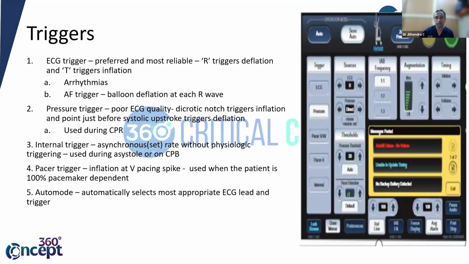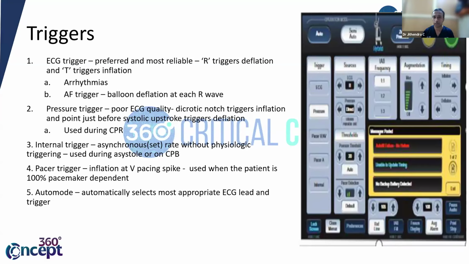You can change to other triggers like the pressure trigger, or to the AF trigger, which is there in some of the newer machines. It will just support the patient at every R wave. Even if the rate is 180, at every R wave it will start supporting the patient. Even if the rhythm is abnormal, it will still support the patient.